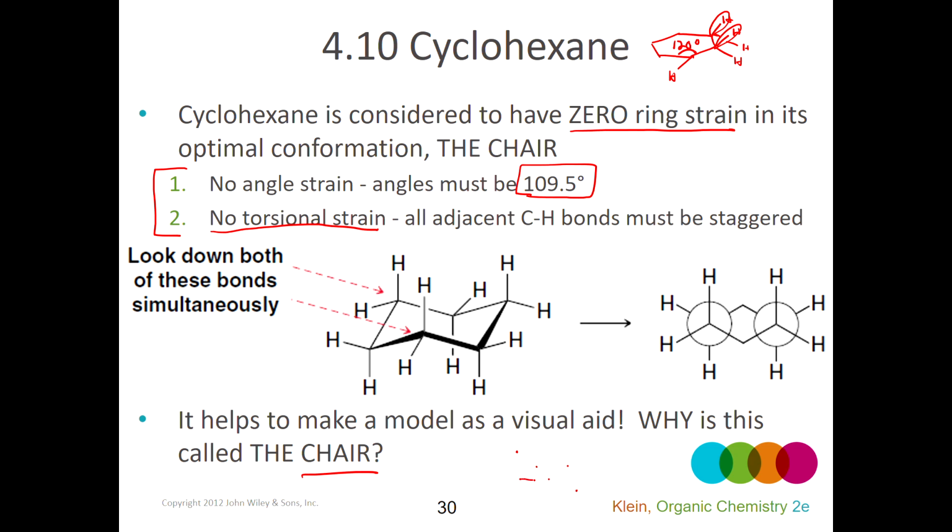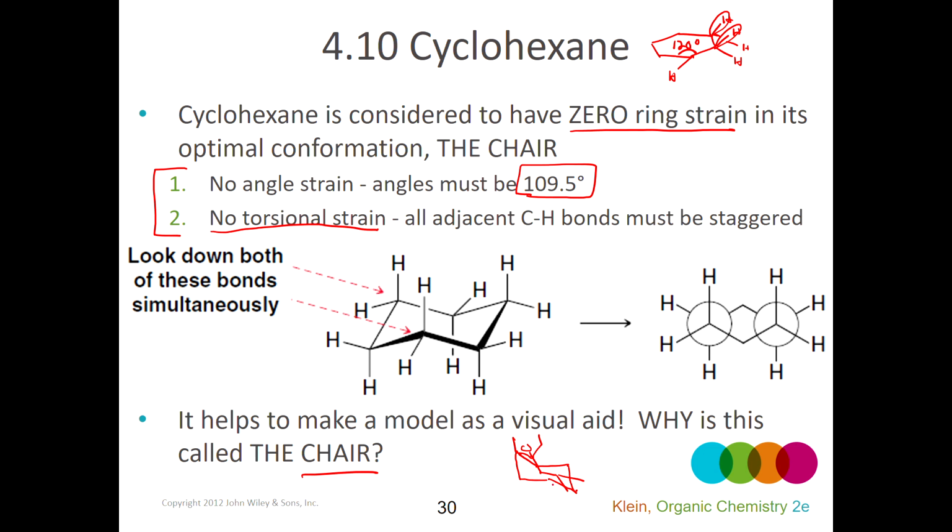So these 4 carbons make like the seat of the chair, and then there's like a backrest, and then there's like a footrest. And so if I'm hanging out here, I can't really put my feet up in this chair, unfortunately, but I can really relax in the chair there. So hopefully you can see that as a chair.